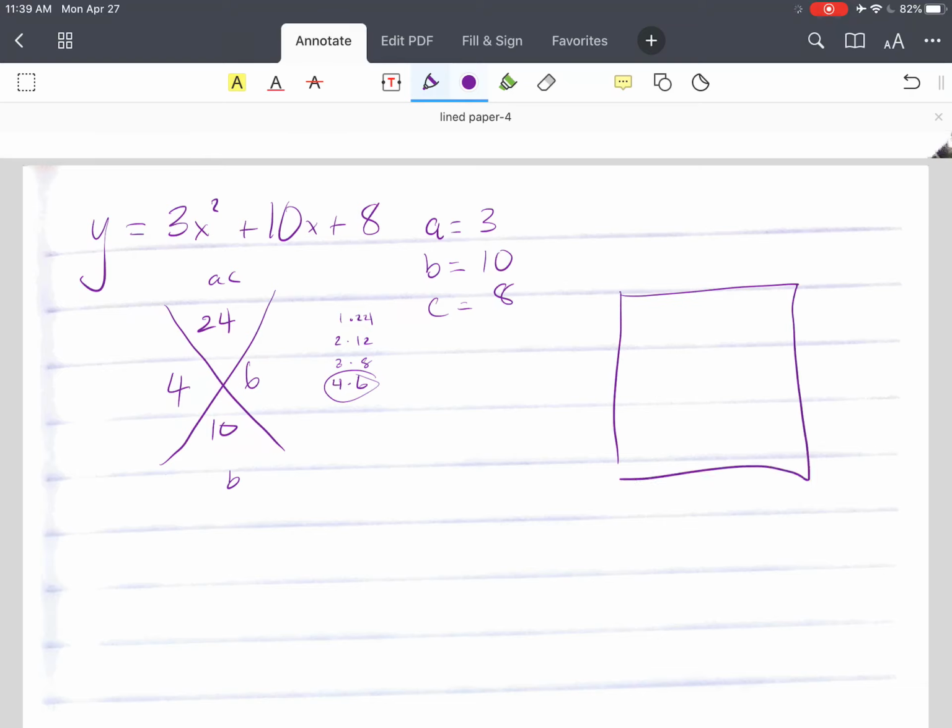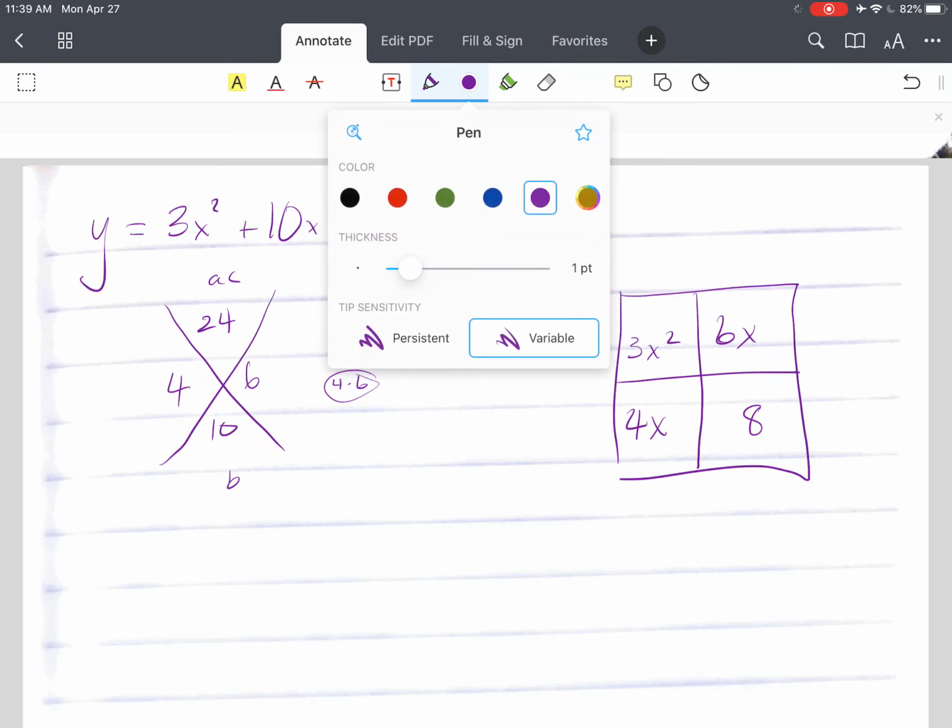And those are the numbers, 4 and 6. So you're going to set up your box. You're going to put the x squared term in the corner, 3x squared. You're going to put the constant diagonally, 8. And you're going to put the 4x and the 6x. Now you might be wondering, does it matter where we put the x's? No, it does not.